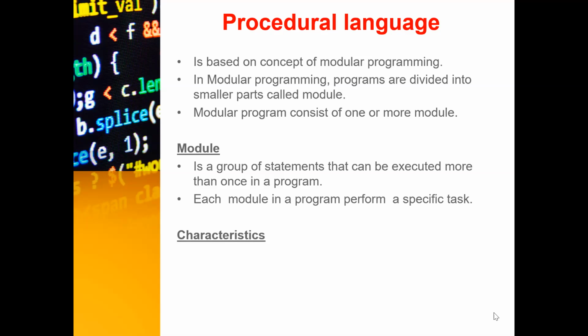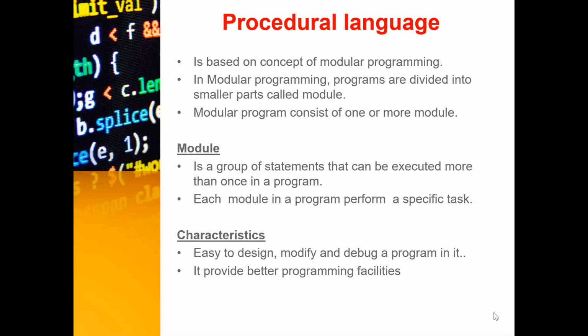The characteristics of this language are that it is easy to design, modify, and debug a program in it. Debug means the process of finding and removing errors. It provides better programming facilities. For example, Fortran, Pascal, C language, and BASIC. Clear? C language you will learn next week, inshallah, on Monday.